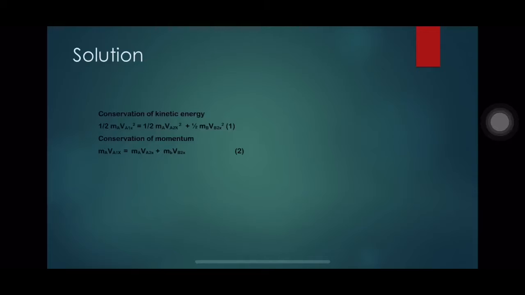The second is the conservation of momentum, which equation 2 represents. From equation 1, after a quick multiplication, we get mb multiplied by vb2x squared equal to ma factor VA1x minus VA2x factor VA1x plus VA2x, which is equation 3.